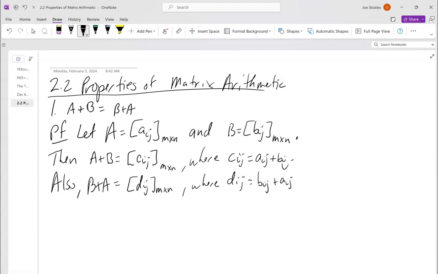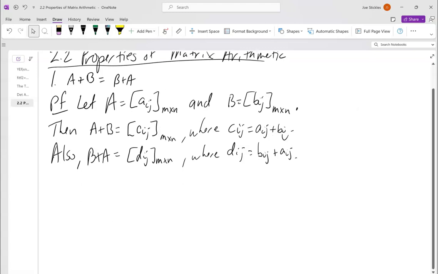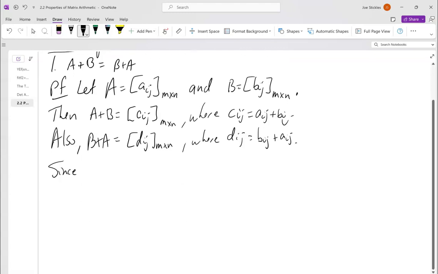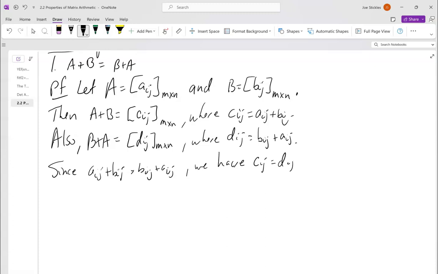So what do I know about a sub ij plus b sub ij, and then the reverse, b sub ij plus a sub ij, what's true? Yeah, they're the same, right? Okay. So since a sub ij plus b sub ij is equal to b sub ij plus a sub ij, we have that c sub ij must be equal to d sub ij.